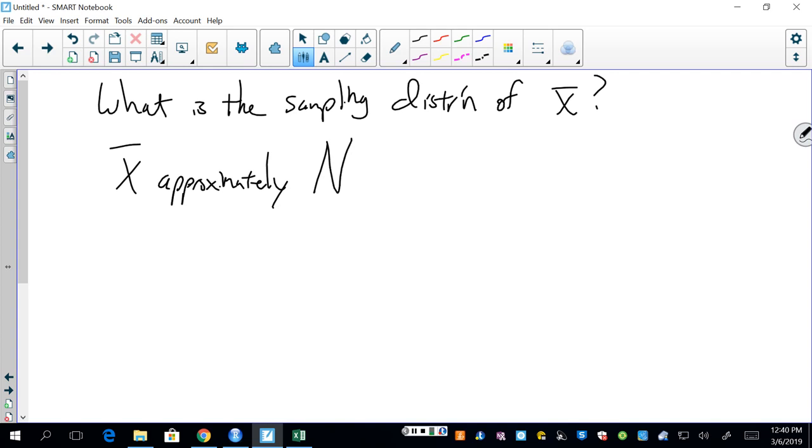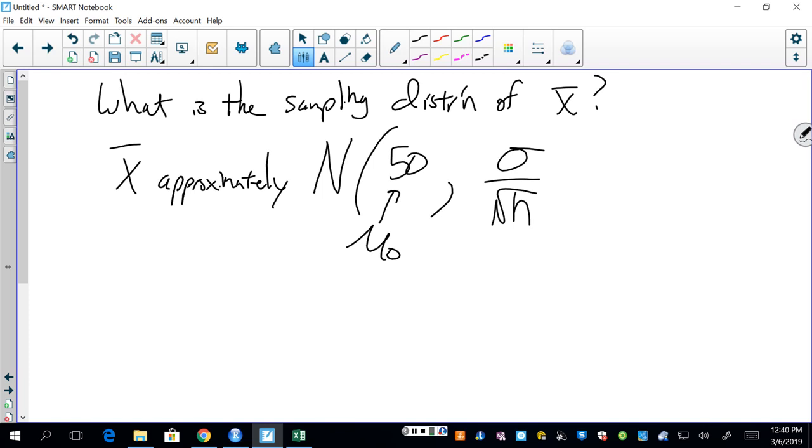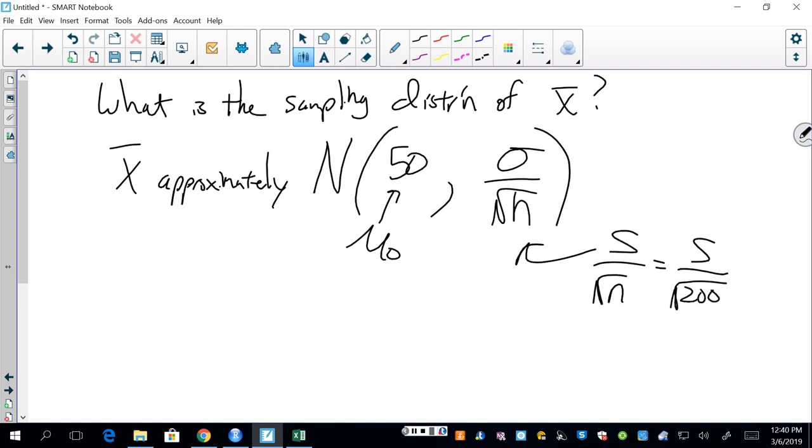And under the null hypothesis, we know the mean: mu sub 0 is an average age of 50. Now the standard deviation is sigma over the square root of n, or s over the square root of n. We don't know sigma really. We could take the sample standard deviation, over the square root of 200, because it's our sample size.